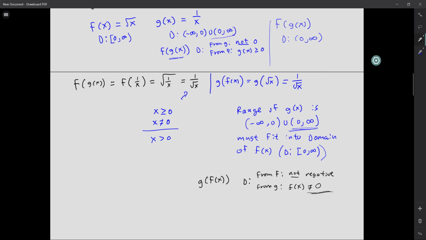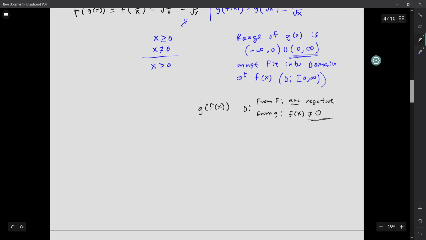Do I have one? Let's see. So let's try this with another pair of functions here. When we have rational functions, we have very specific domain problems, just simple points.